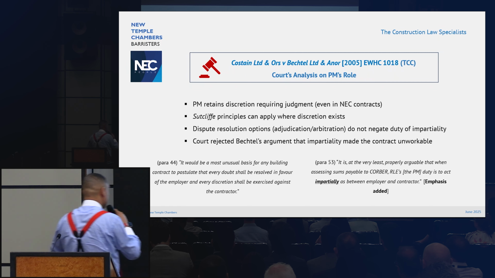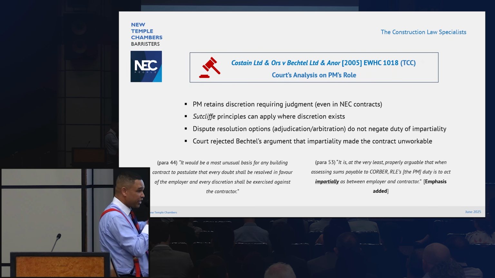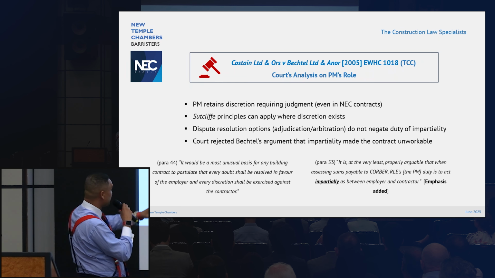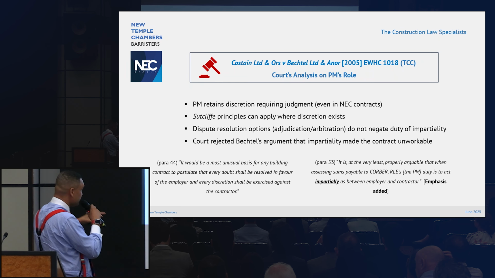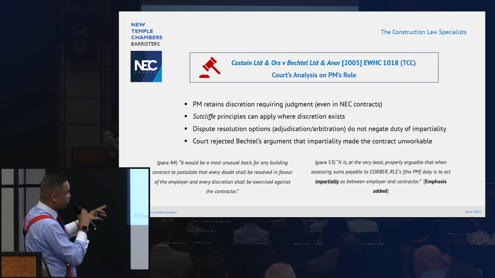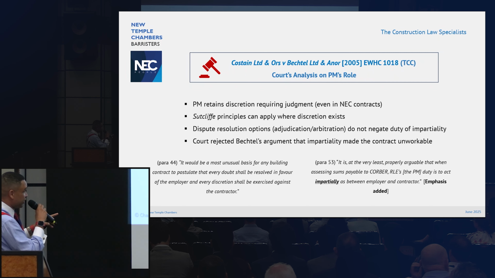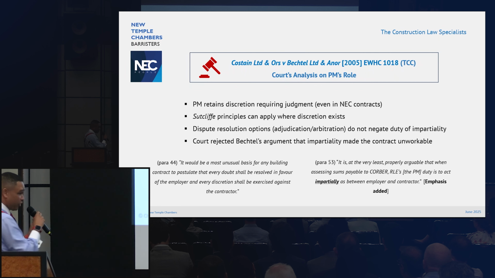I think what was interesting in the judgment, and these extracts are actually directly from the judgment, is it would be most unusual basis for any building contract to postulate that every doubt shall be resolved in favour of the employer and every discretion shall be exercised against the contractor.